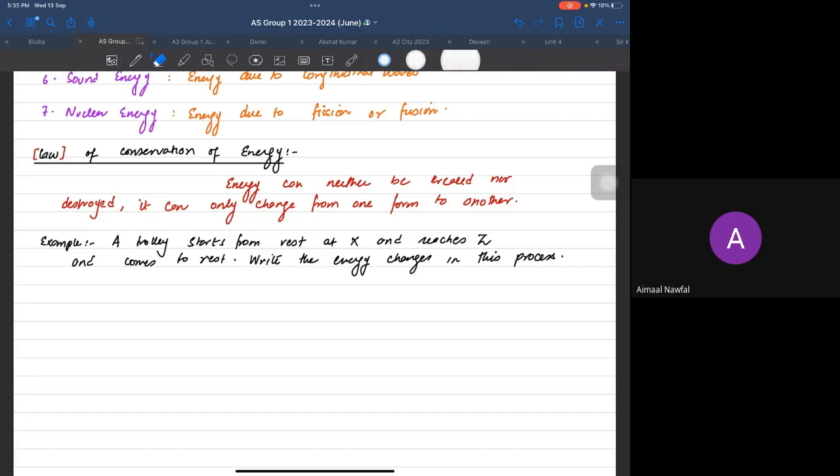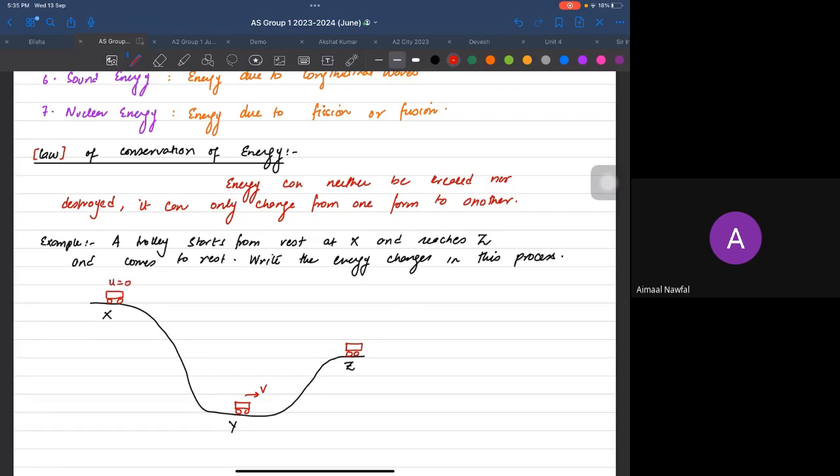So they have shown basically a path like that. This is X, this is Y, this is Z. Now they have shown a trolley that basically moves through all this path, and when it comes to this point, its velocity becomes zero as well.